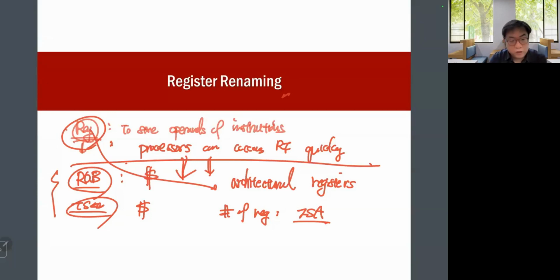If you read the ISA manual, you can find that the number of architectural registers is defined in it. So these are the architectural registers, defined in the instruction set architecture. Then you can think like that: how can we implement the out-of-order processor? The Tomasulo algorithm.